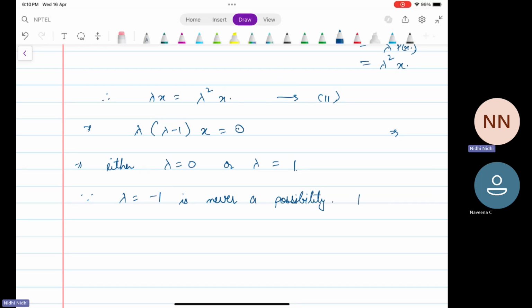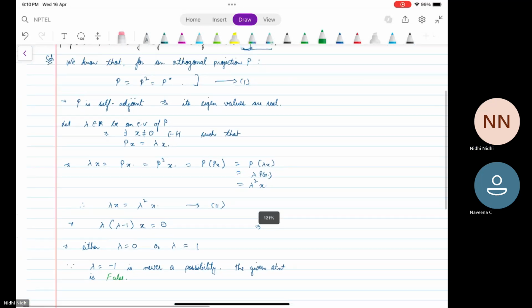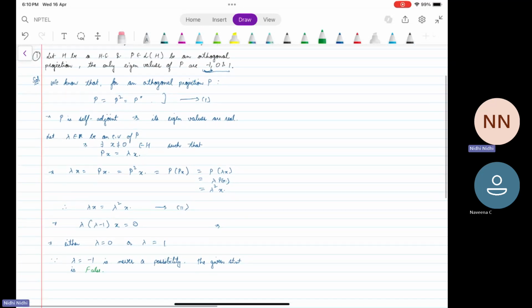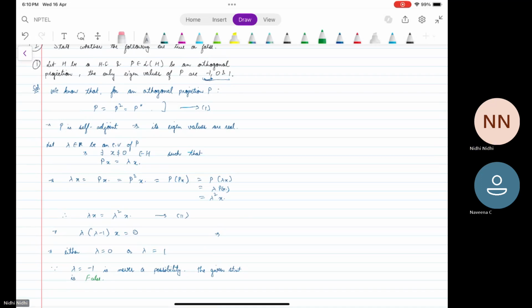The given statement is false. I hope this solution is fine. Let's go through it again.